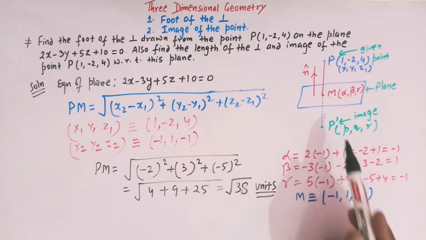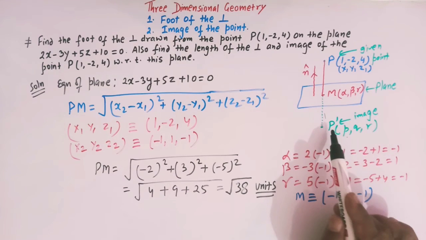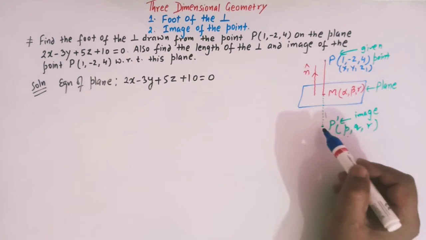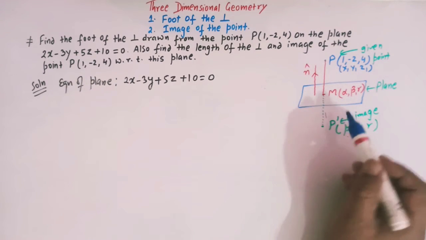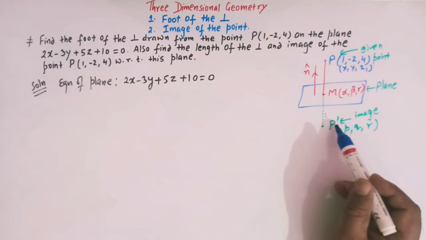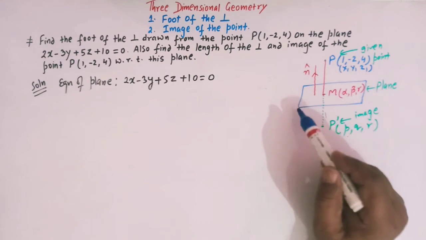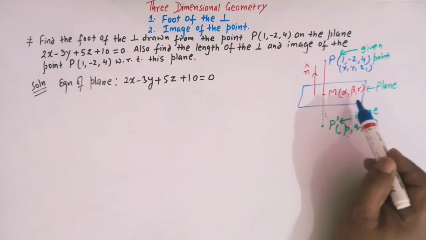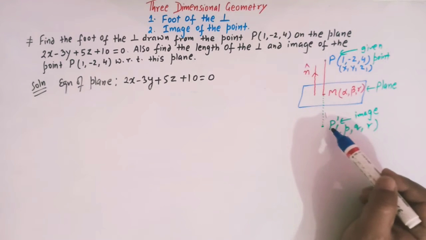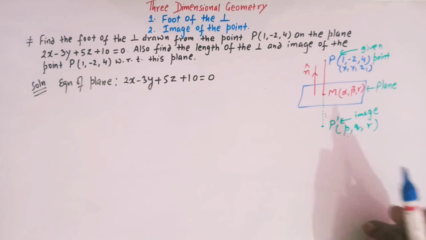So now let us find out the coordinates of the image, that is P dash. So now viewers, we know that the point P and this point P dash, they are equidistant from this plane, right? Because this plane acts as a mirror, so the object and the image are equidistant from the plane, right?